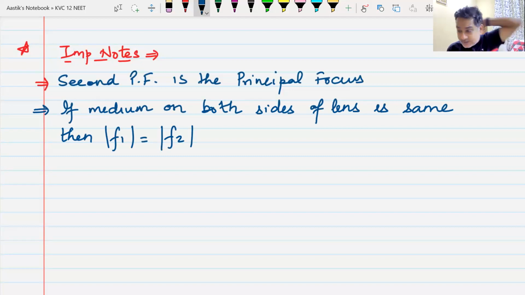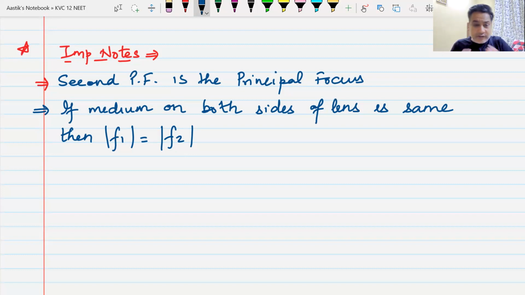Because we have a sign convention. According to that sign convention, one direction is positive and the other direction is negative, and therefore one focal length will be positive and the other focal length will be negative. Do we understand this? We will get through the sign convention, don't worry. I'm using the magnitude sign just because of that sign convention.